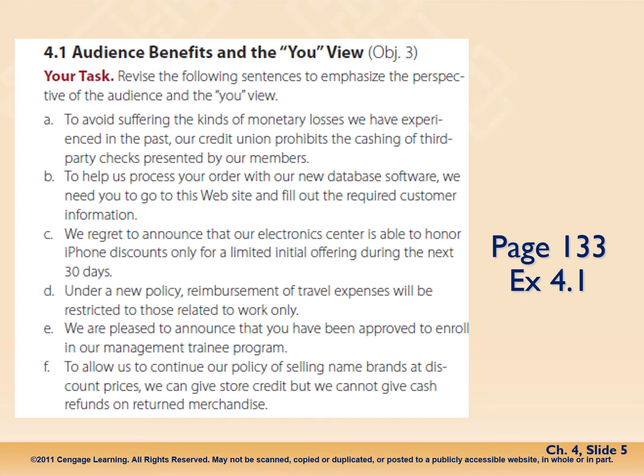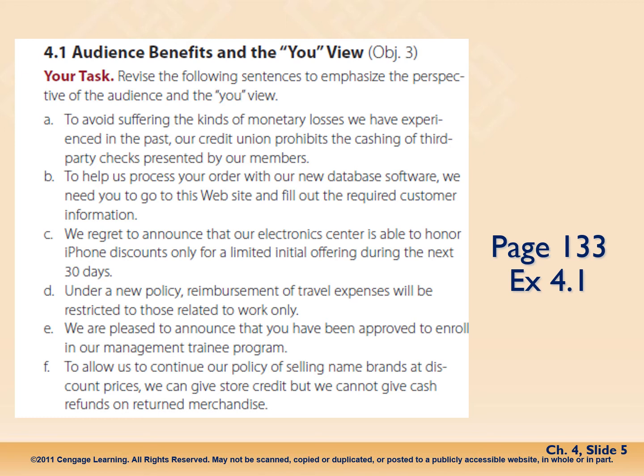If you look at C here, there's a sentence which says, we regret to announce that our electronic center is able to honor iPhone discounts only for a limited initial offering during the next 30 days. Now, it's such good news, but by starting this communication with we regret to announce, it's making it very gloomy.